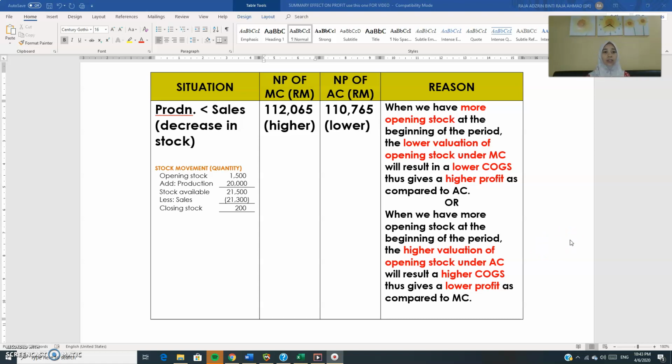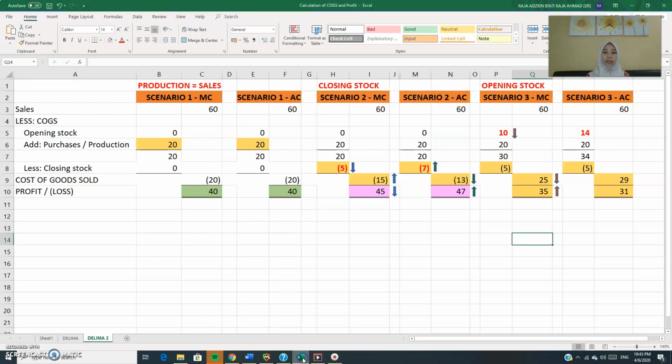In situation 3, you have your opening stock and closing stock, but I want to highlight your opening stock in this case. To understand this better, let's look at my Excel example just now. In scenario 3, for your marginal costing approach, I hold my closing stock constant.